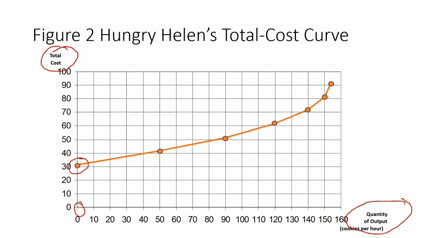When we were producing 50 units, the cost was equivalent to 40. Then when we were producing 90 units, the cost was equivalent to 50, and so on. So when you see the overall graph, you see that it is not a straight line, it is in fact turning upward.